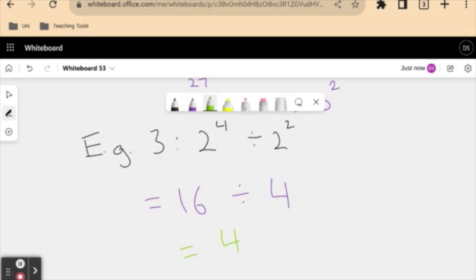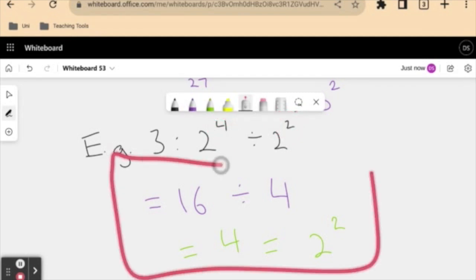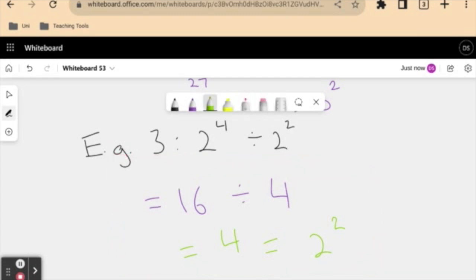But 4 is the same as 2 squared. But look at that. If I put it in the same base as these two numbers, what I've effectively done is just subtracted 2 from 4 again. So we could have gone through this whole thing, but because this follows all the same patterns that we've had before, that's like saying 2 to the power of 4 minus 2, which gives us this as well.